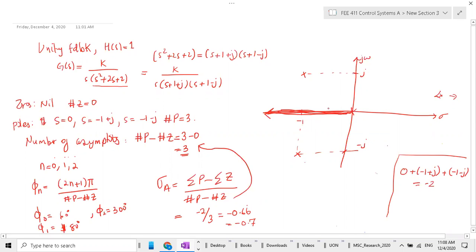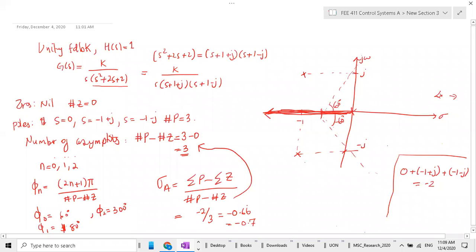Let's say here it's minus 0.7. These are just dotted lines, just to guide you. 300 is the same as minus 60.